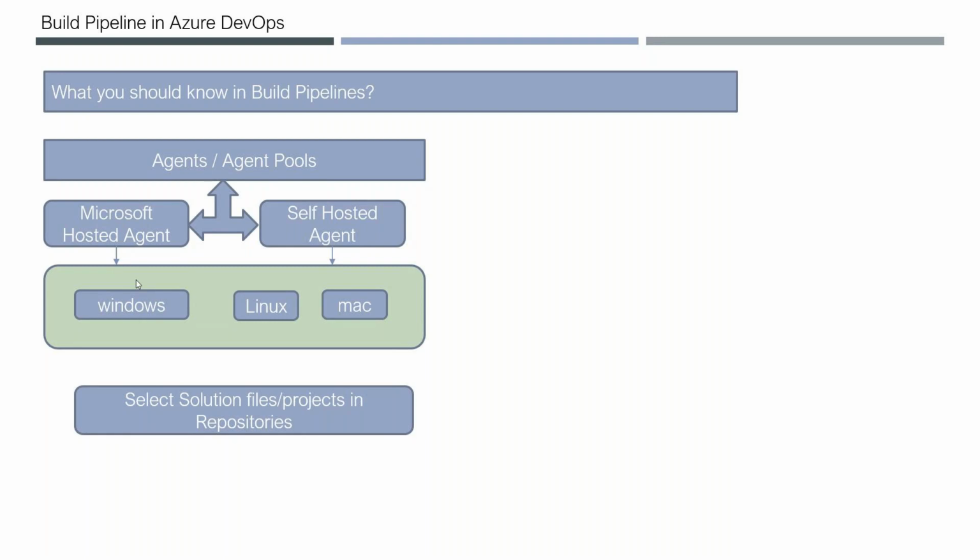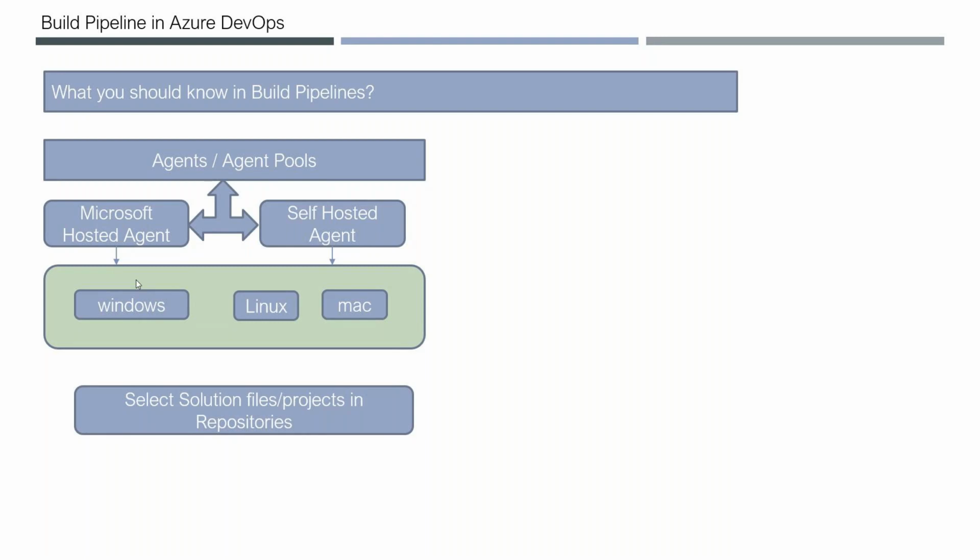Mac is mostly for your Apple related stuff. If you are using Microsoft .NET Core, it will run on Windows, Linux, and Mac. For you, it doesn't matter. All you need is a server like an agent, Microsoft hosted or self-hosted. It will support all the operating systems.